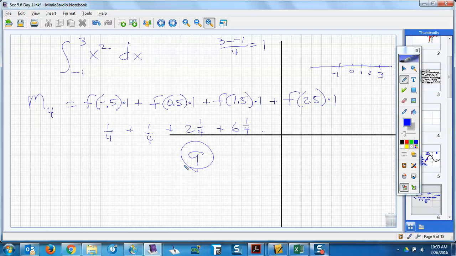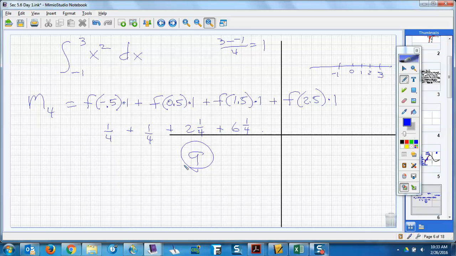I don't know. It doesn't really matter because, like I said, if it's calculator, I still want you to write this out, because by then I will have given you this calculator program that you can just type in and get the answer for M4. So that's why I'm saying if it's single-digit subdivisions, you have to write it out, okay? Because I want us to get used to that pattern. But if I ask for an M10, you could just give the answer.